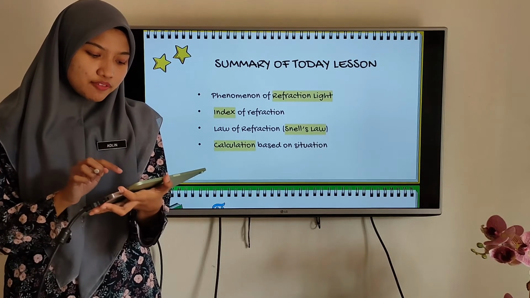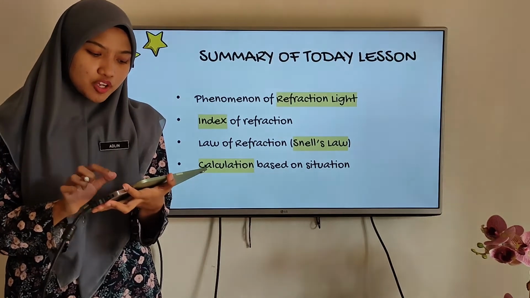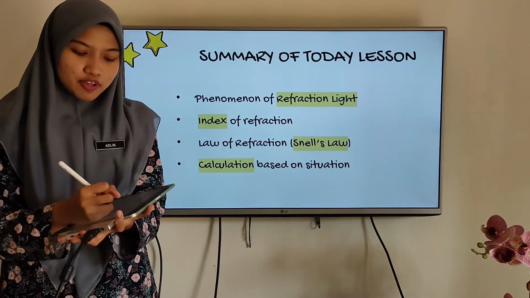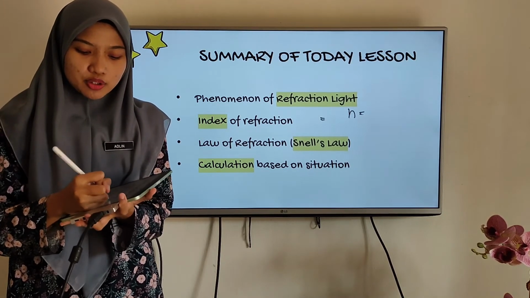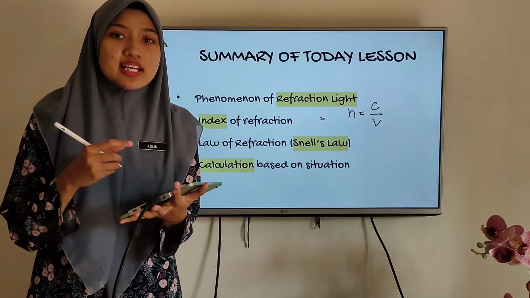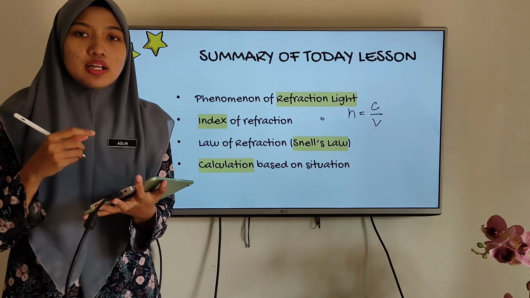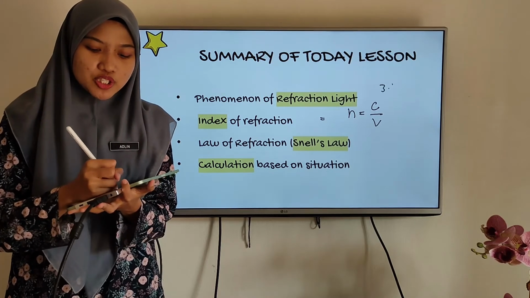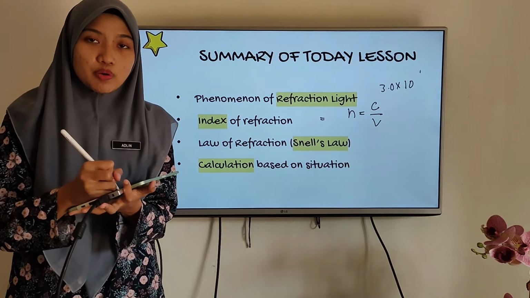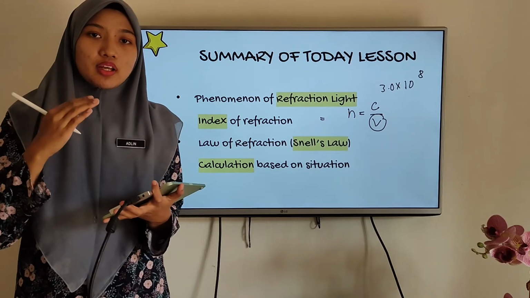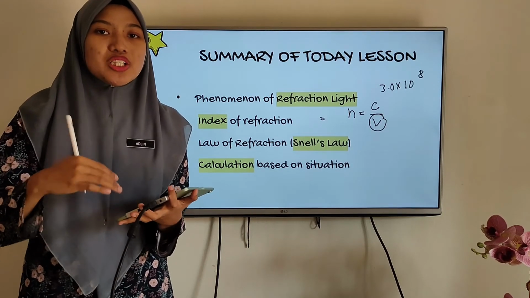Next, we have the index of refraction. There are 2 formulas for the index of refraction, n equal to c over v. c is the velocity of light, which is 3.0 times 10 to the power of 8, and v is the velocity of the light passing through the medium.